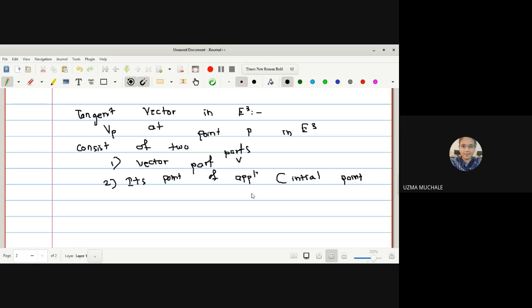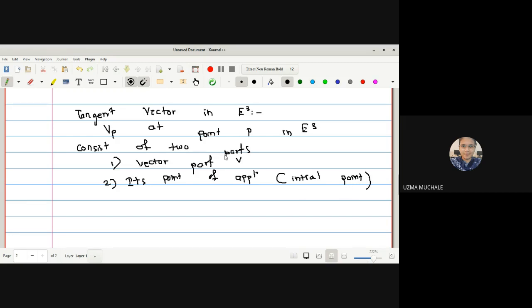So how is the tangent vector VP defined? VP is defined with the help of two things. The first one is the point of application P, and the second is its vector part. What do you mean by point of application or the initial point?